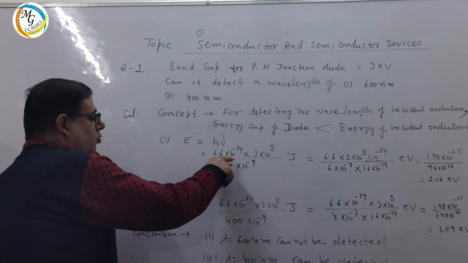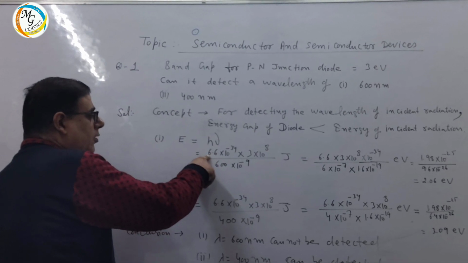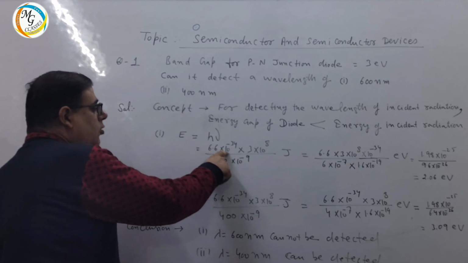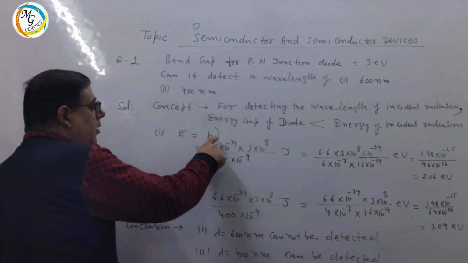After substituting the values, for Planck's constant I took 6.6 into 10 to the power minus 34.